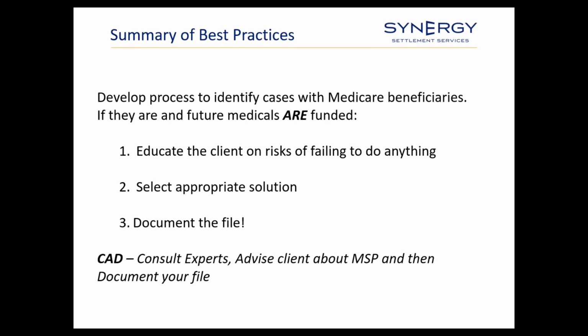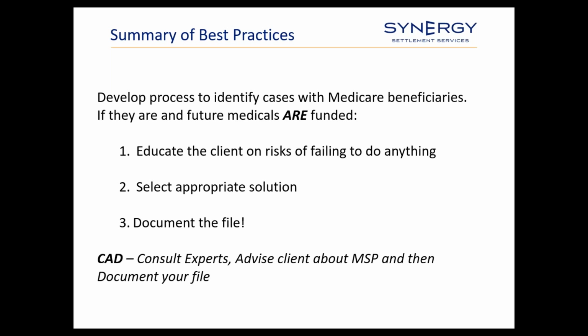So what we typically do at Synergy, and what I think is becoming more of the norm, is consult with the insurance company when the case is settling, figure out the ICD codes that are going to be actually inputted into the Medicare portal, and then sit down with the client and educate them: these are the ICD codes that are at risk when you settle your case moving forward. Figure out whether or not that's a risk that the client wants to assume, or if the client wants to carve out part of the settlement to cover that risk, they can do so and select the appropriate solution.